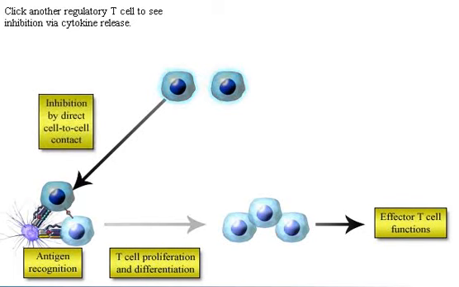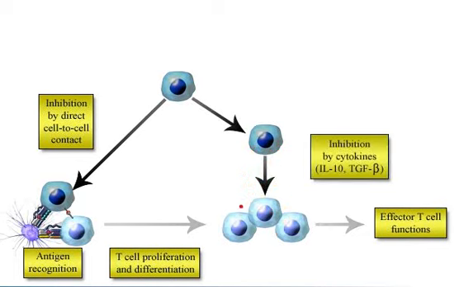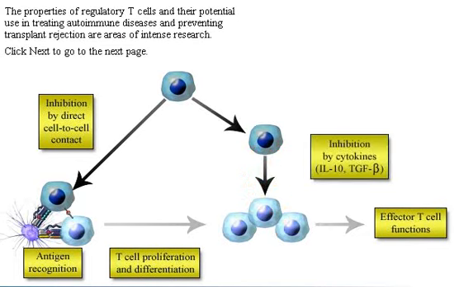Click another regulatory T cell to see inhibition via cytokine release. The properties of regulatory T cells and their potential use in treating autoimmune diseases and preventing transplant rejection are areas of intense research.